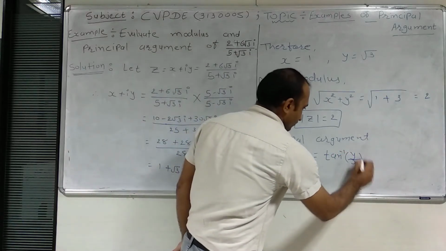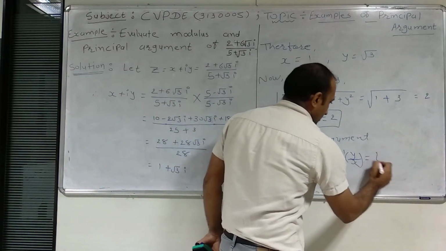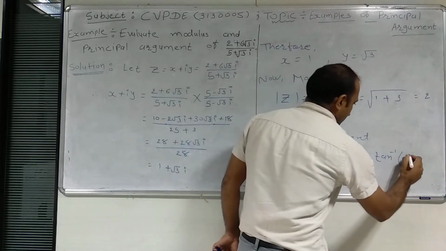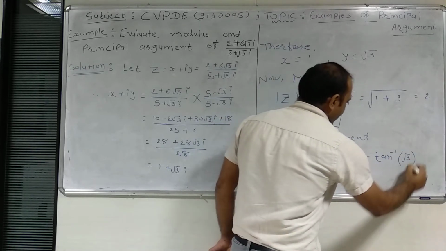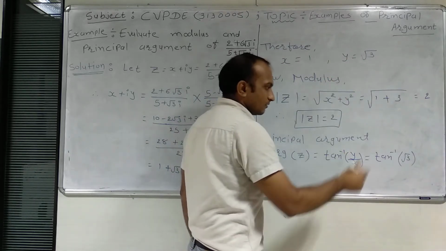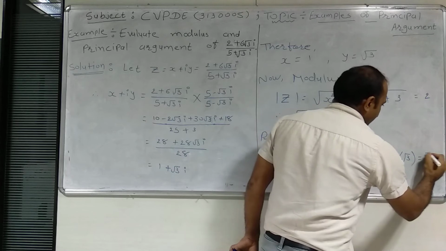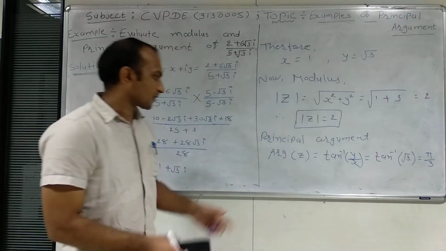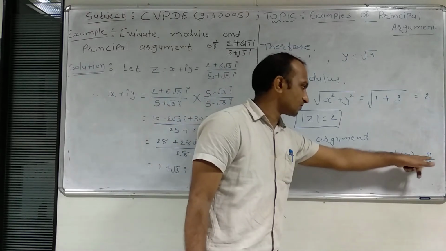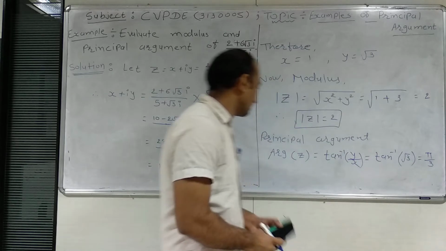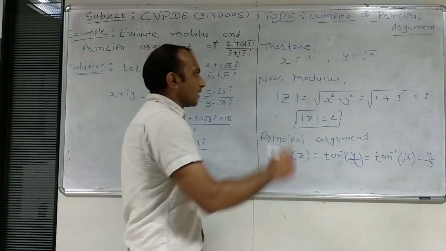So tan inverse y by x equals tan inverse root 3 by 1, because here y is root 3 and x is 1. So tan inverse root 3. We get the answer pi by 3, because tan pi by 3 is root 3. So tan inverse root 3 is pi by 3. So the principal argument is pi by 3.